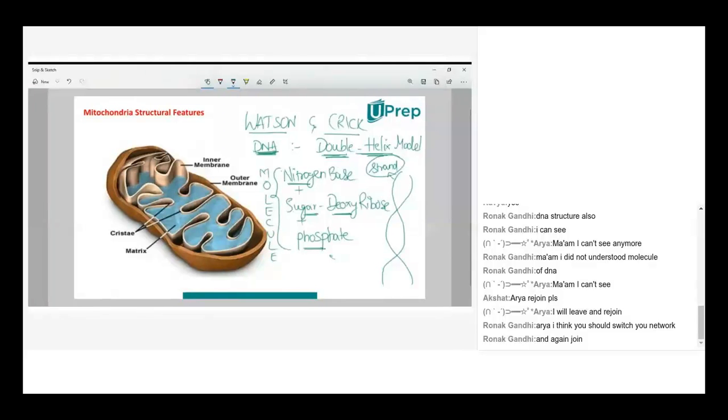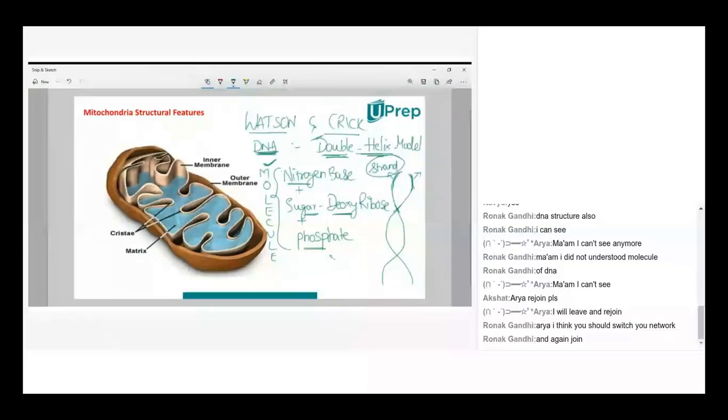So basically, what is a strand? A strand is nothing but an arrangement of DNA molecules. Like that, you will have two strands. This is one strand and this is the second strand. Now both the strands form the double helix. They are intertwined with each other like this. So that's why the name helix. So this is the basic structure of DNA.